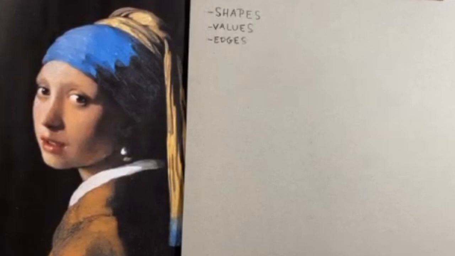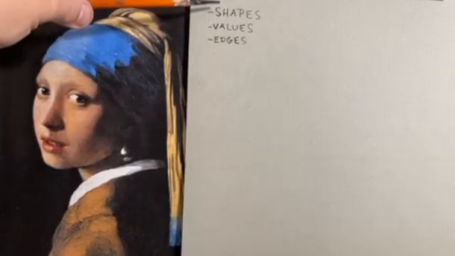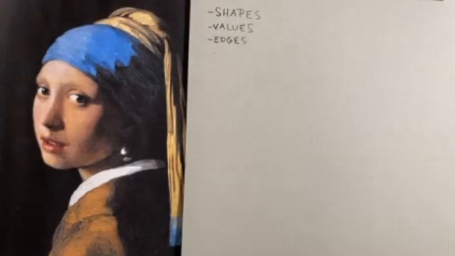Value simply is the degree of lightness or darkness, which most of you have heard me say before. That will help to define how dark the shadows are and how light the lights are. And then the third thing is the edges, which are very important too. It kind of goes in this order.